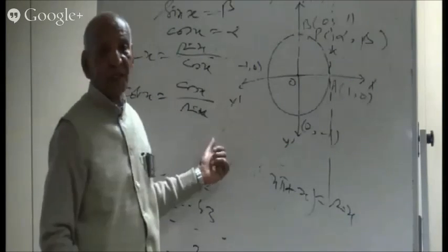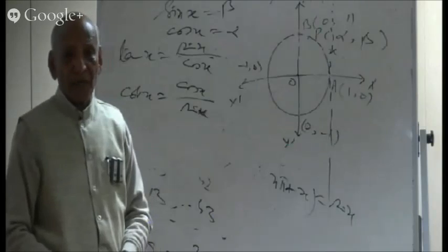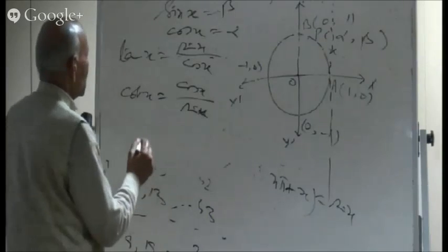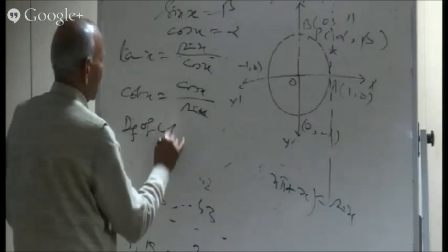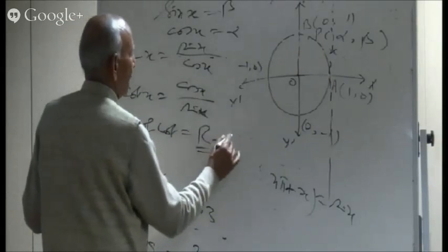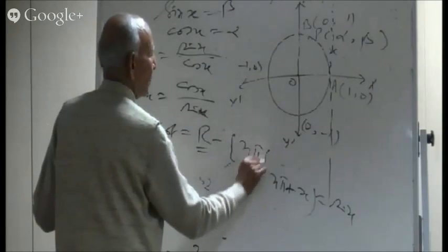So x should not be equal to n pi. So what is the domain of the cotangent function? All real numbers except n pi, where n is any integer, positive, negative, anything, not just natural numbers. So except these n pi. Is it right? The same can be said about secant and cosecant.